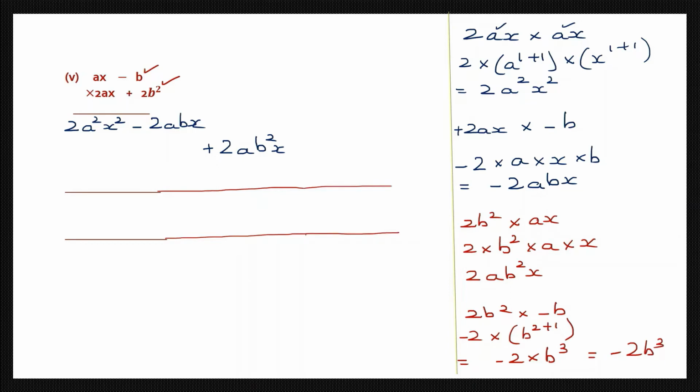We don't have a column for this also, so we'll write it separately, minus 2b cubed. So let's write down our answer, 2a square x square minus 2abx plus 2ab square x minus 2b cubed.